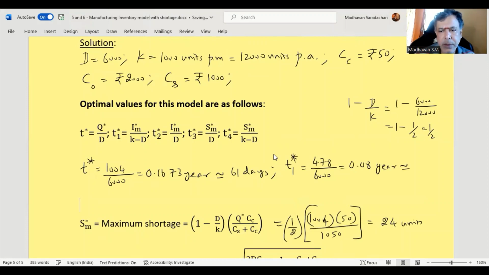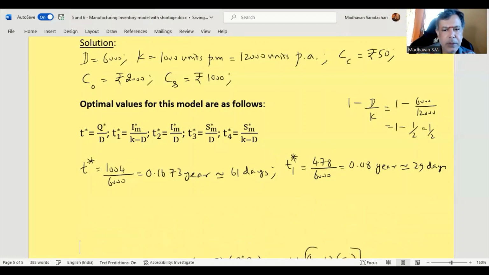And we'll convert it into days by multiplying it by 365. We get 29 days. Then T2 star will be IM star, that is 478 divided by D. D is also 6,000 only. So we will get the same, which is approximately 29 days.